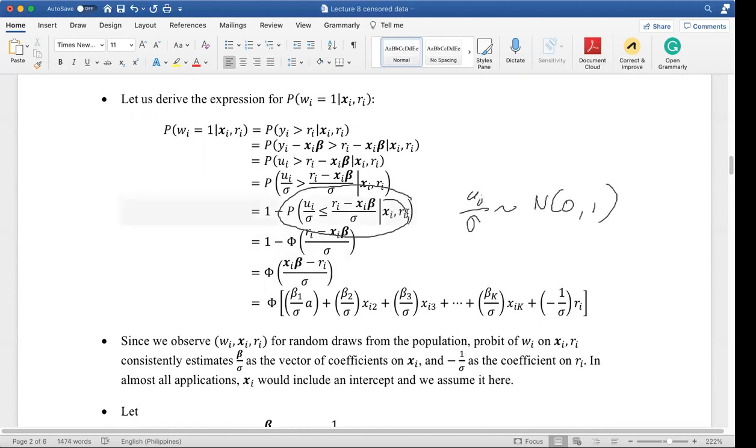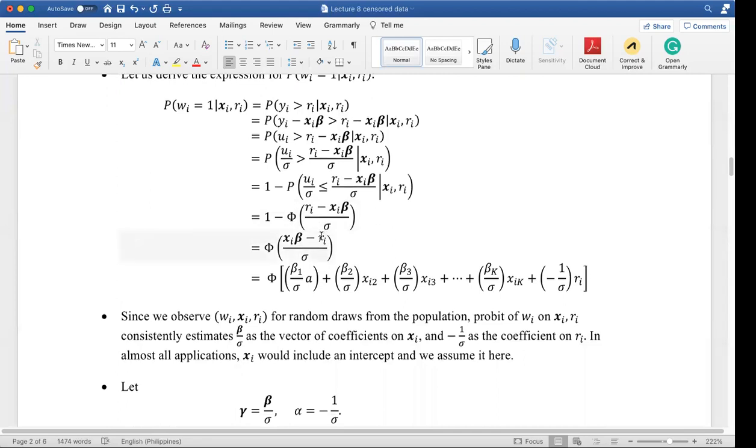So we have brought in the conditioning variables X sub I and R sub I. But then by symmetry, this expression is equal to the CDF evaluated at X sub I beta minus R sub I over sigma. I just reversed this one, so I get the minus of this. That's why I have X sub I beta minus R sub I in the numerator.